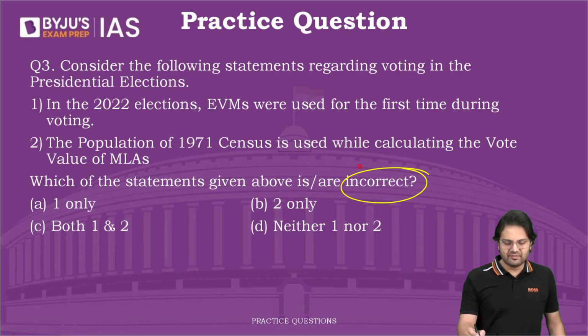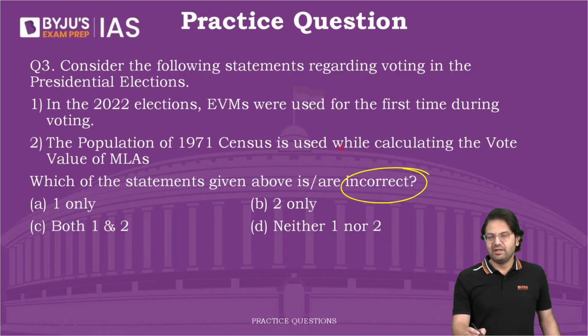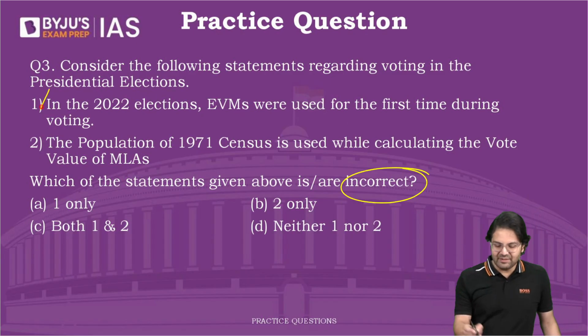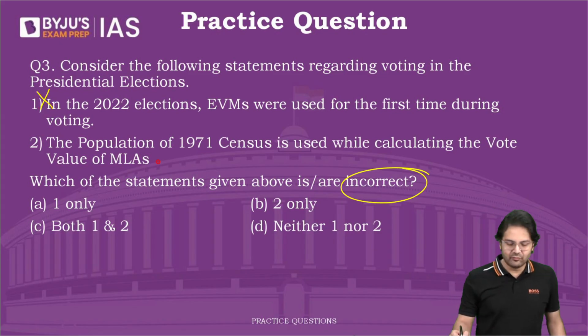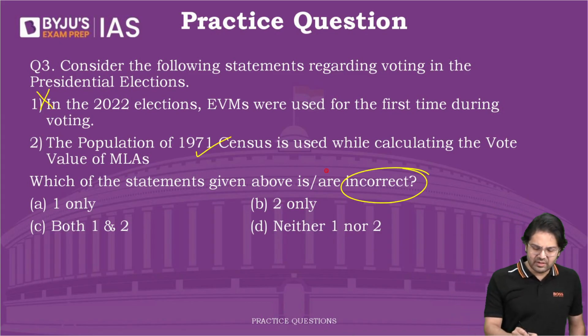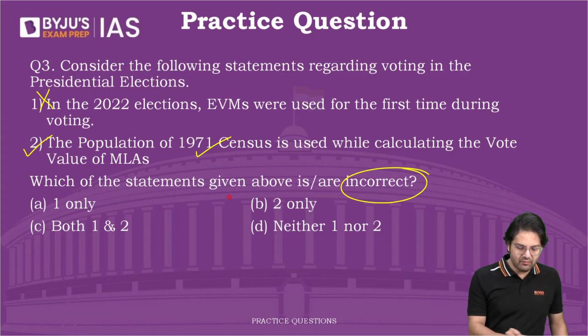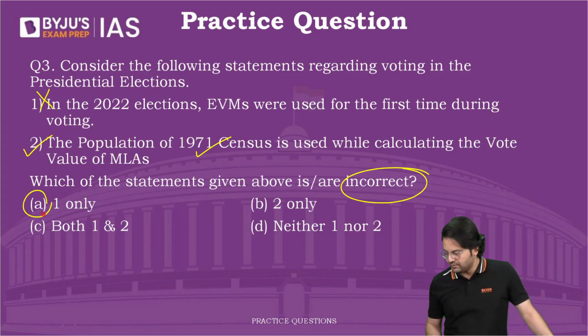So consider the following statements. In the year 2022, the elections that were held, EVMs were used for the first time. Of course, it is wrong. And the population of 1971 census is used while calculating the vote value of MLAs is actually correct. Which of the statements are incorrect? So 1 only is incorrect.